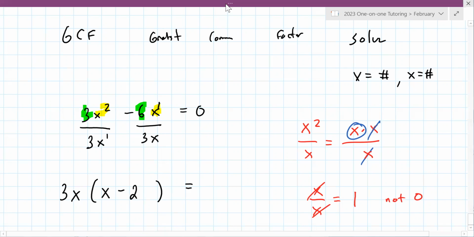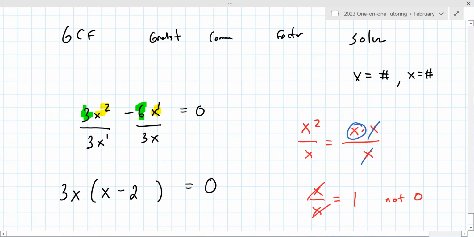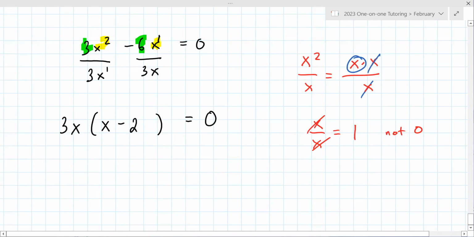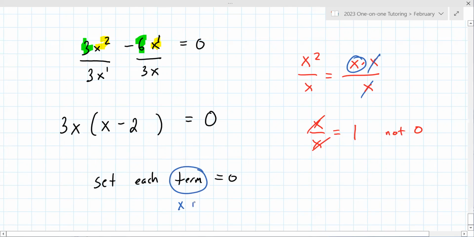All right, now there's more. There's always more. You have to now set each term equal to 0. So what does Matthew mean by term? A term means it has an x in it. This has an x in it, and this has an x in it.